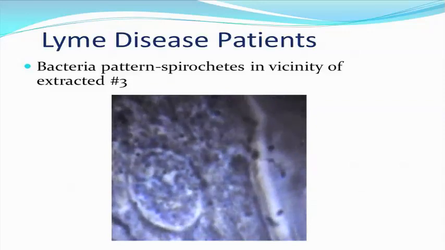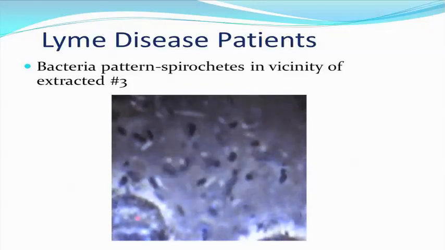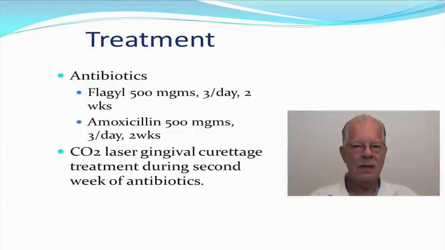But there are these little, what we call spiders. We've seen them before. And plus she had a lot of other very active spirochetes as well. The curious thing with this Lyme disease patient is that when I went to look for plaque samples, I usually go to the lingual pocket of the second molar.